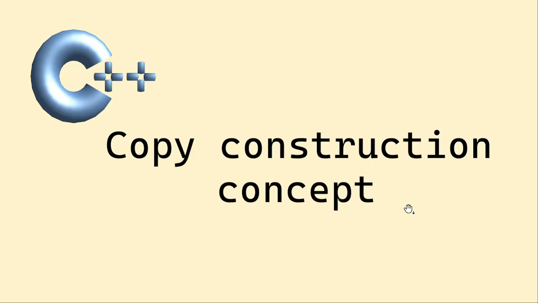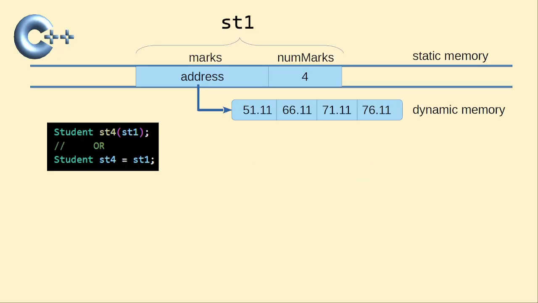Now let us try to understand the copy construction concept. We have st1 object, like as in the code that I discussed just before. When we have st1 object created, it will have the memory space allocated for marks attribute and num marks attribute in static memory.